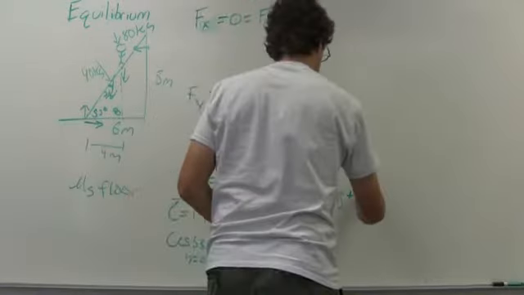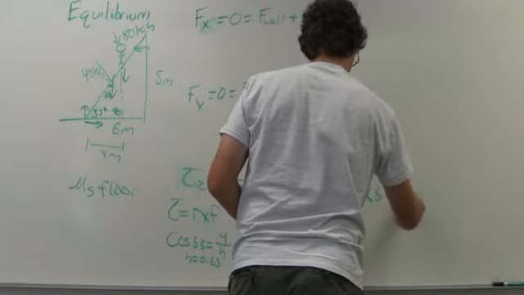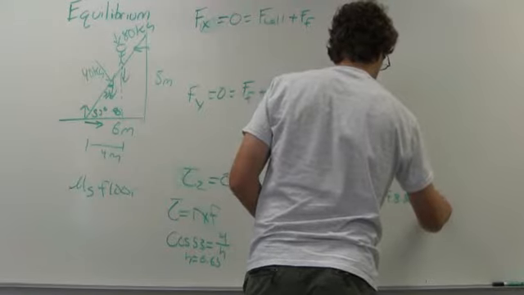So we get plus 6.65 times 9.8 times 80 times sine of 37.